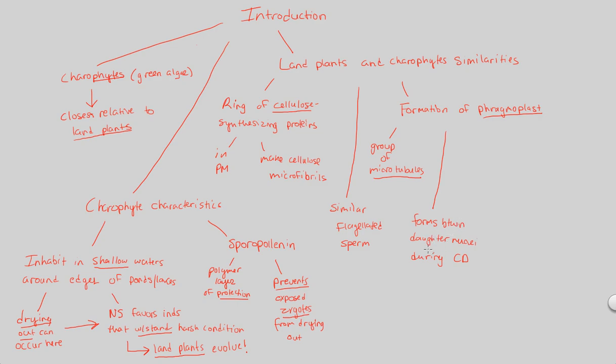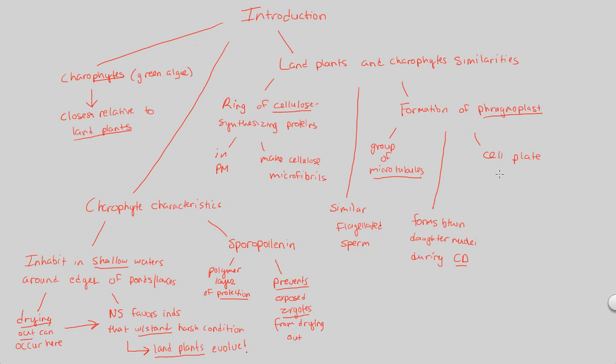So what we mean here is that when a cell is dividing, specifically a land plant cell or a charophyte cell, through a regular old cell division process, there's going to be a layer that develops in between the two daughter nuclei that are going to pop off from each other. That is specifically referred to as the cell plate region. So phragmoplast and cell plate, something to definitely remember.